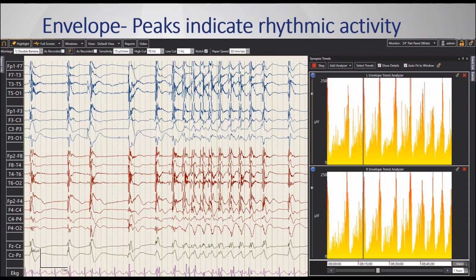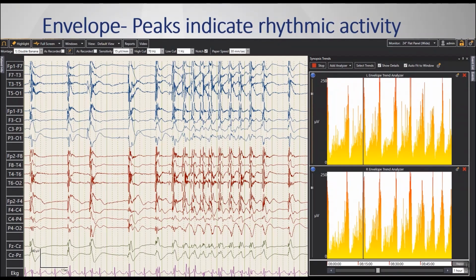Now this is an example of an envelope trend for rhythmic activity. So here we have generalized spike and wave activity, and you really don't need the trends to see that this is seizure activity. But what the trends do is they help quantify what's going on.